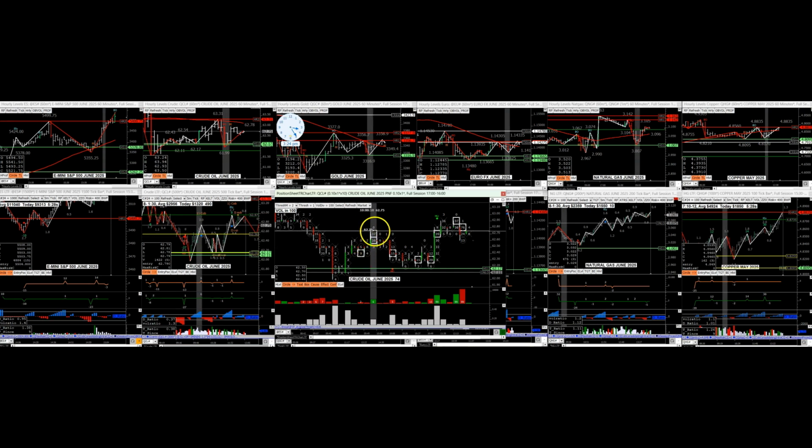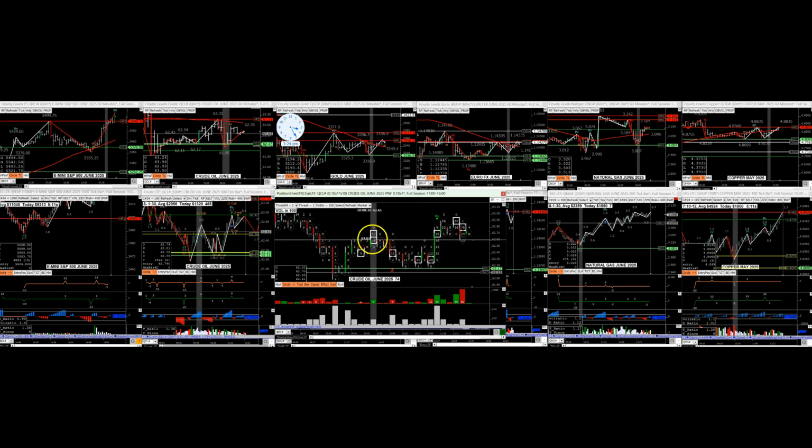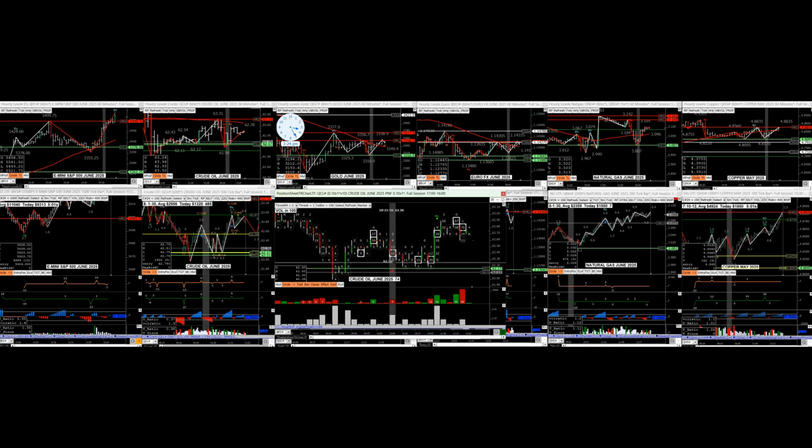Demand does not come at tops, it comes at the bottom. It's common sense. Buy low, sell high. No one's going to buy high. So when it's up here near the high, then it's supply. When it's near the low, it is possible demand, but we confirm it by price going in the opposite direction.